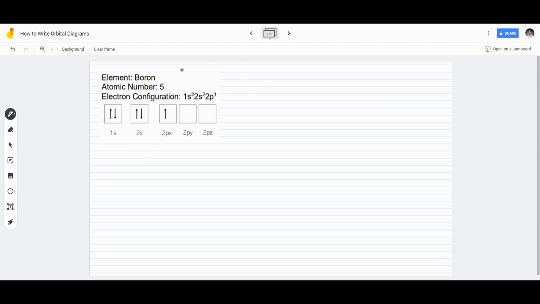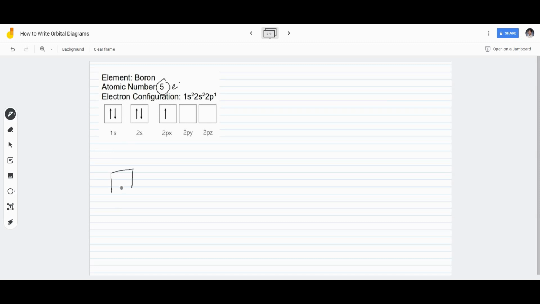Okay, so this has already been answered, but how do we apply the rules? Okay, so again, we have to follow the three rules in filling up the orbital diagram. Okay, so we know that it has 5 electrons. So we're going to start filling up the boxes with 5 electrons now.